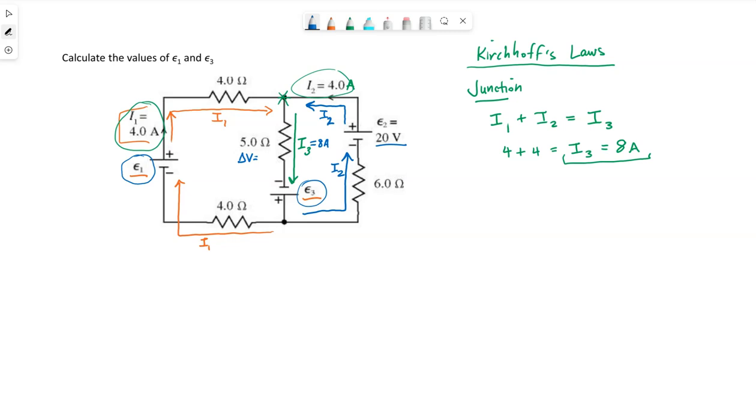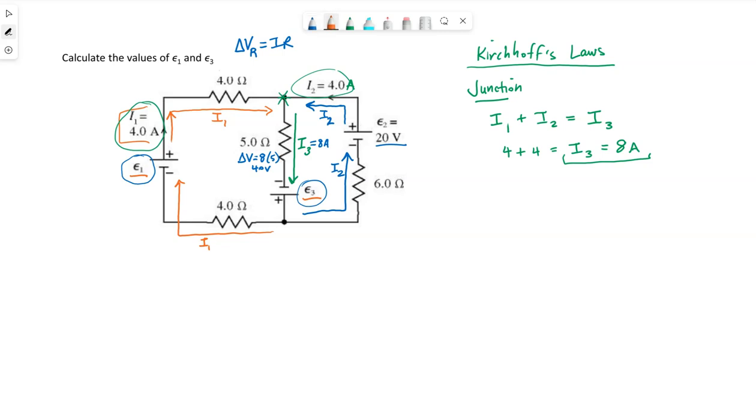So the delta V for a resistor is I times R. So delta V for this 5 ohm resistor is going to be 8 amps times 5 ohms. And I believe that's 40, but I'm going to double check myself. 40 volts. So we know the value of delta V here.